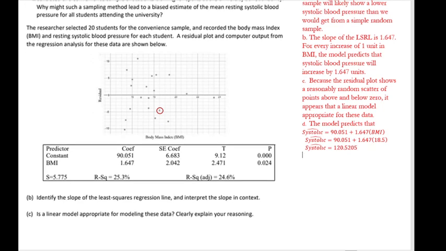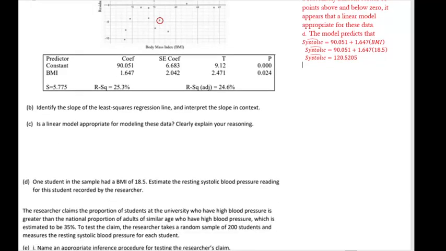So this question isn't asking what the model predicts, but this is asking us to estimate what was actually recorded here. So that residual of negative 4.5 is telling us that the real reading was about 4.5 units below what was predicted.